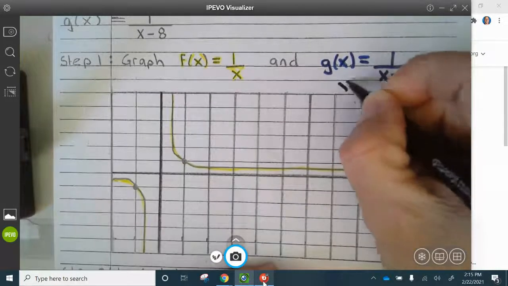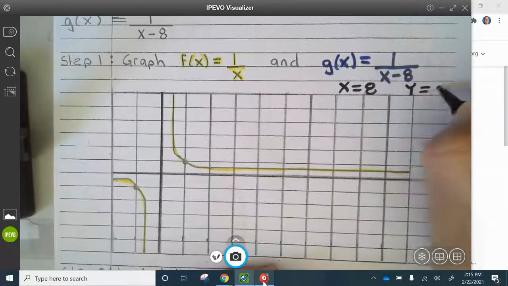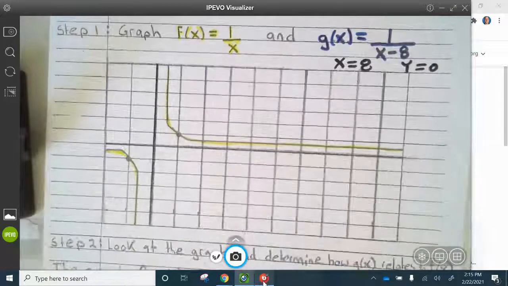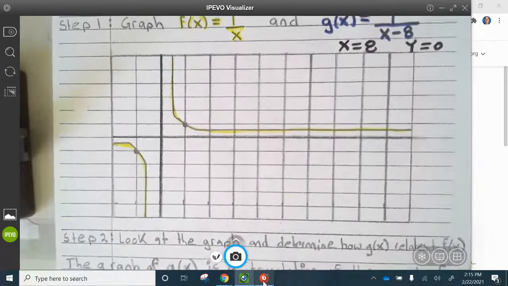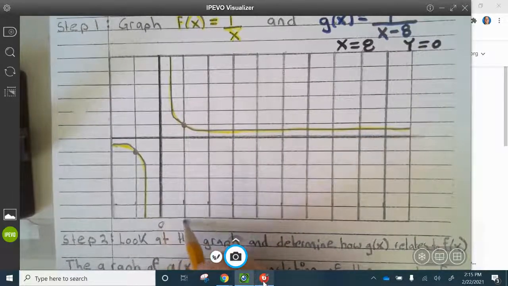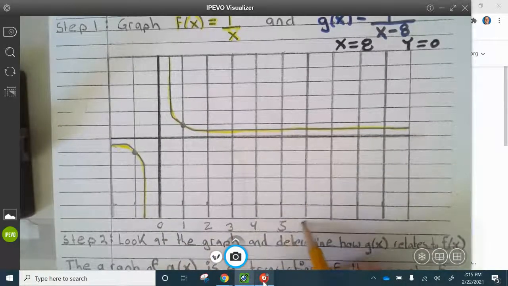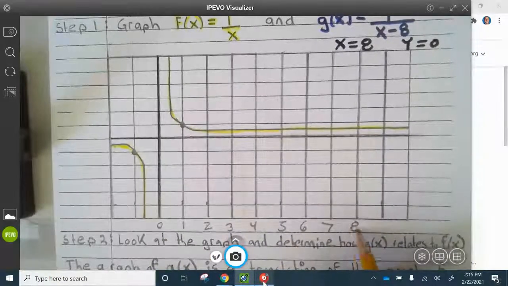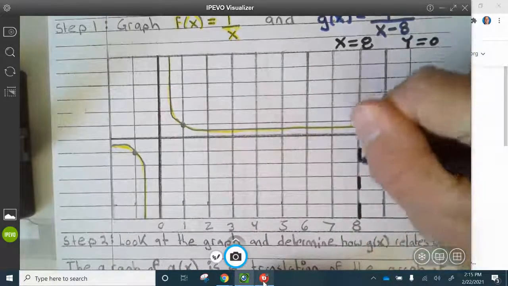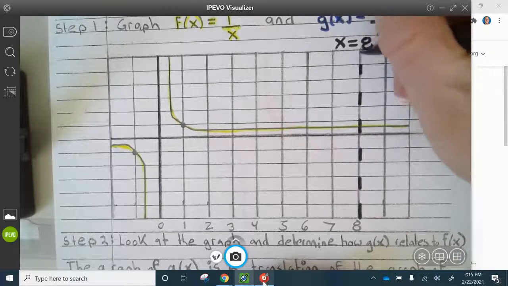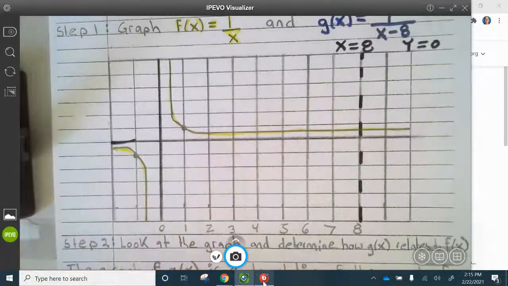And I forgot to number these, so let's do that now. So 0, 1, 2, 3, 4, 5, 6, 7, 8. So that's where this asymptote is. Okay, and then y equals 0: 0, 1, 2, 3, 4, -1, -2, -3, -4.